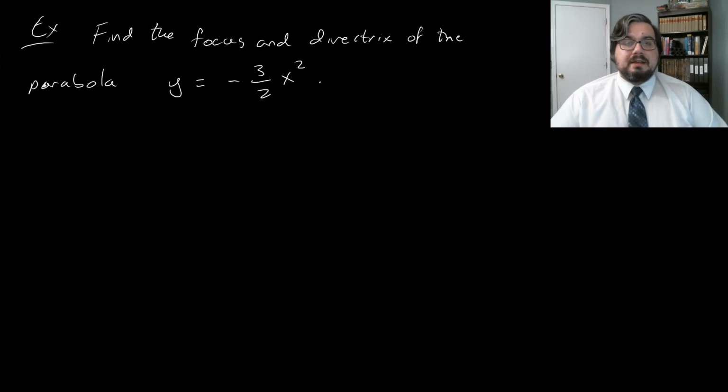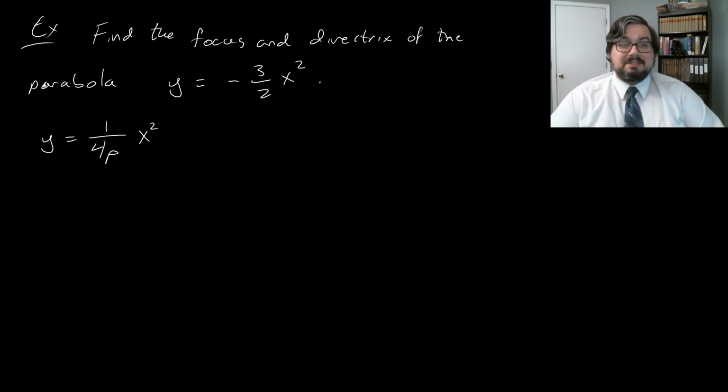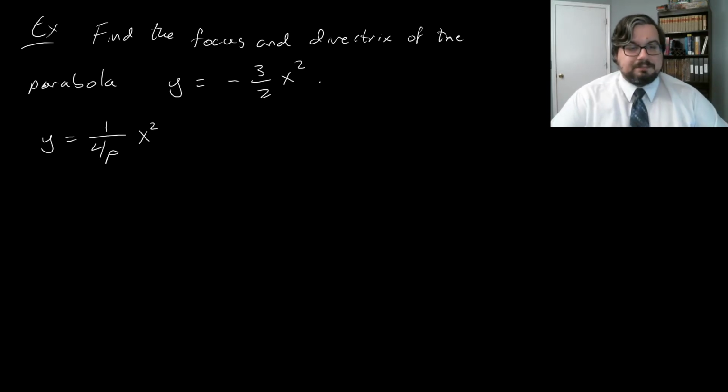So the technique here is to always use the fact that we have the formula y equals 1 over 4p x squared, where p tells you how far away from the vertex the focus and the directrix are. So if y equals 1 over 4p x squared, then that means that our coefficient, negative 3/2, the coefficient of x squared here, is equal to 1 over 4p.